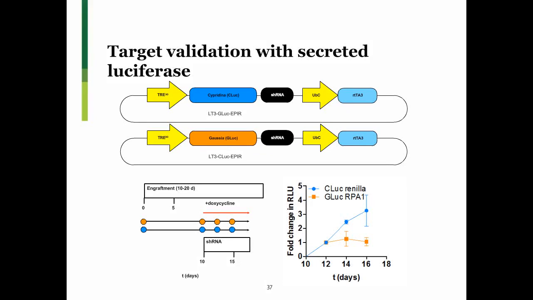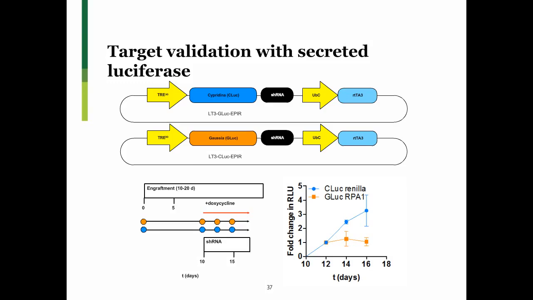So we developed these constructs, similar to constructs that have been used by other groups, which are lentiviral vectors that express either Cypridina luciferase or Gaussian luciferase tied to the expression of an shRNA of interest. What this allows you to do is look at different luciferase expression as a surrogate for that shRNA. And this allows you to do clonal competition experiments to compare the fitness of the gain or loss of different genes.